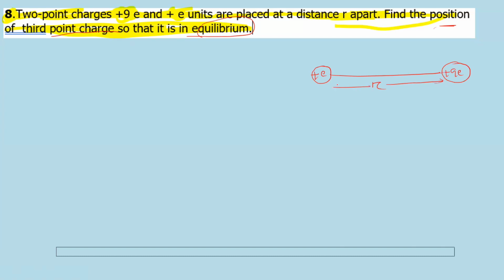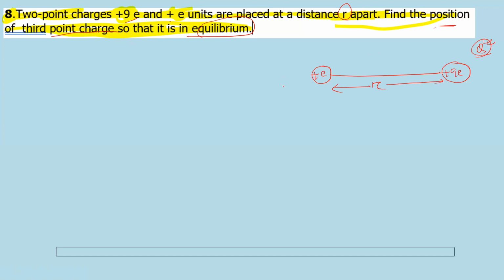Now you are asked to place a third charge. I'm taking the third charge to be capital Q. We will place this charge Q somewhere such that it is in equilibrium, that is, it is not moving.